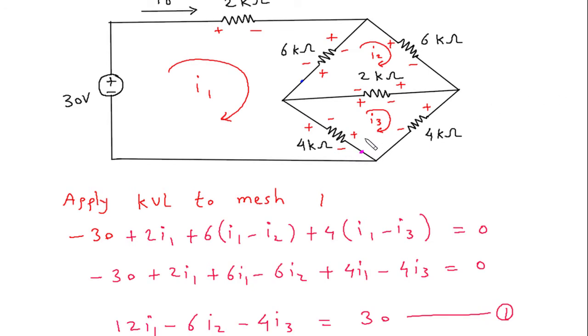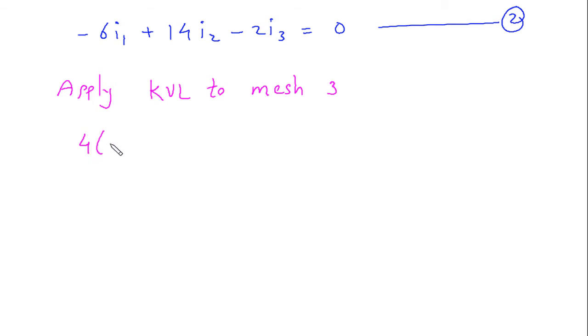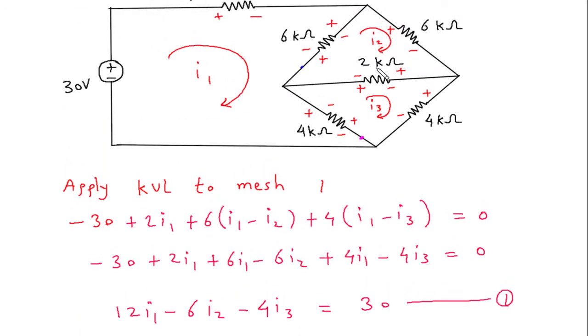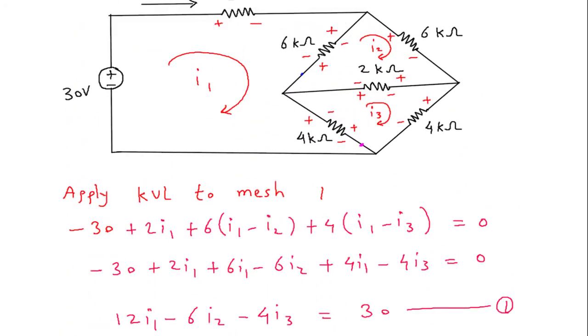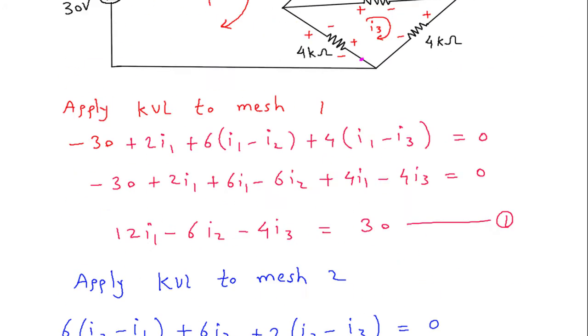So this will be plus 4I3 minus I1, plus 2I3 minus I2, plus 4I3 is equal to 0.